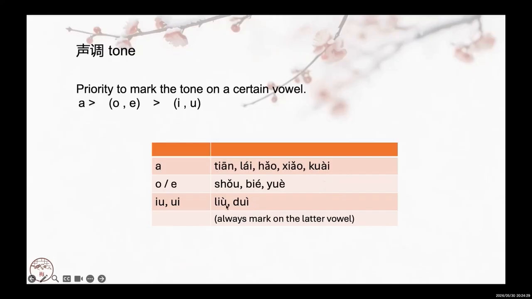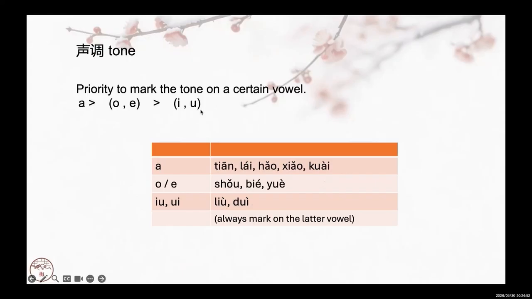For example, liu: u comes after i, so we mark the tone above u. For dui, we mark it above the last one, i.